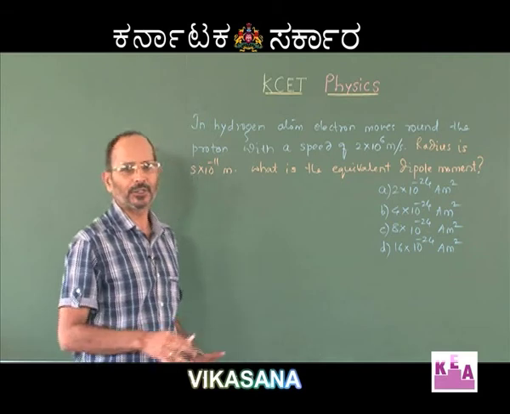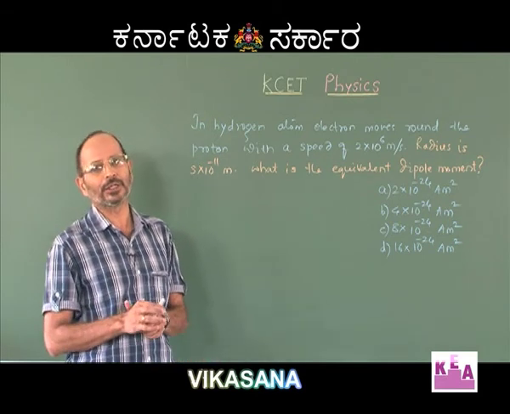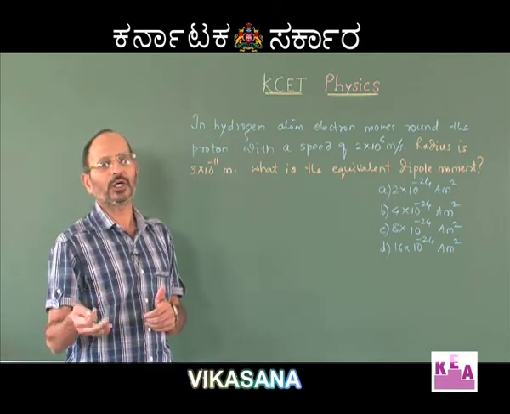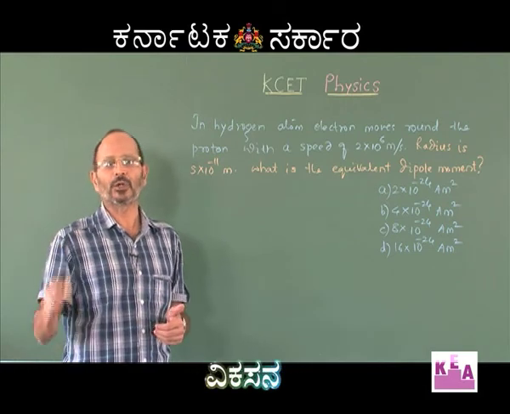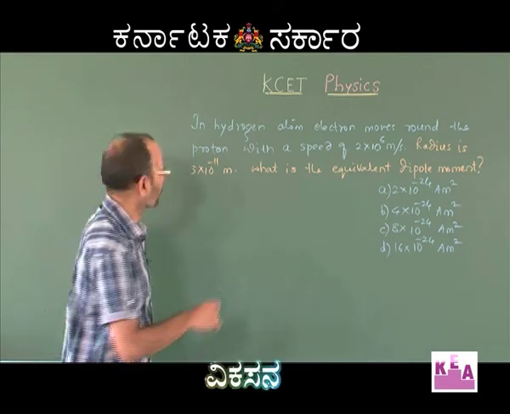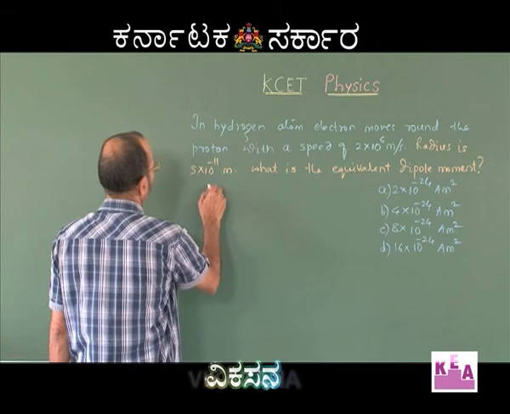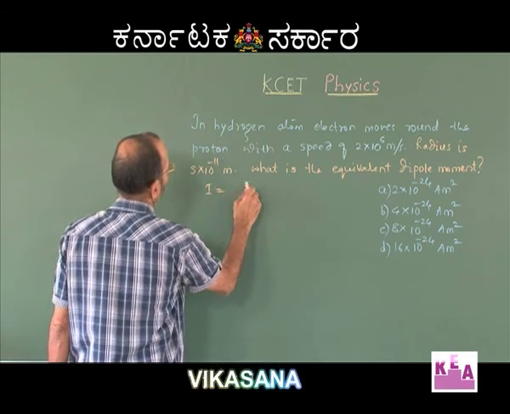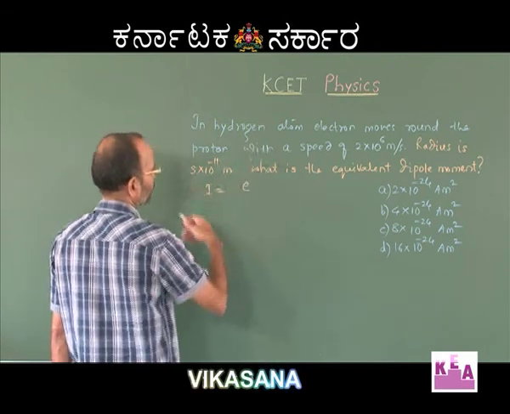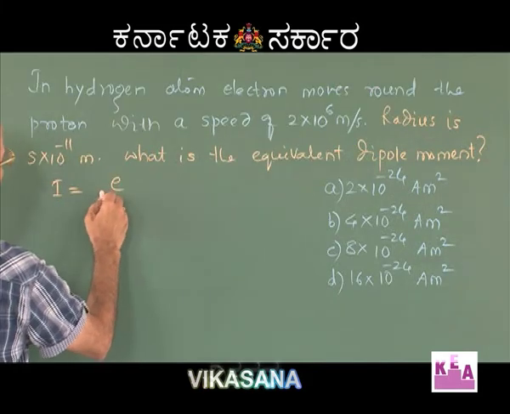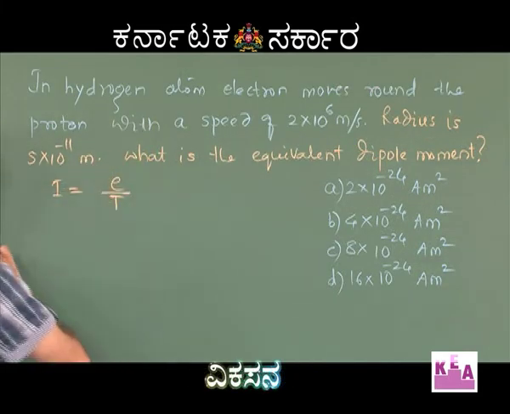So, let me first write the current associated with that electron, which will be charge divided by the time that the electron will take to go around once. Okay. So, here the current I would be, charge is Q, which you can write as say E, electron charge, divided by time that it takes to go around once.